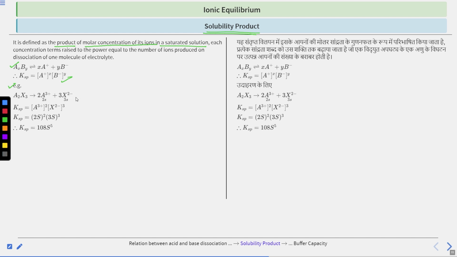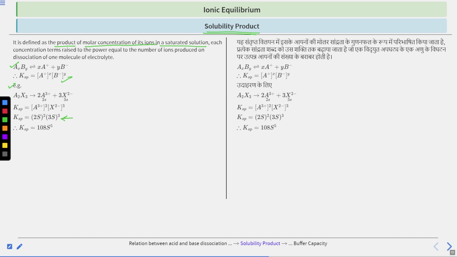Let's suppose A2X3 has solubility S, so the concentration will be 2S for A3+ and 3S for X2-. Then Ksp will be [A3+] squared times [X2-] cubed. In terms of solubility, that is (2S) squared times (3S) cubed.